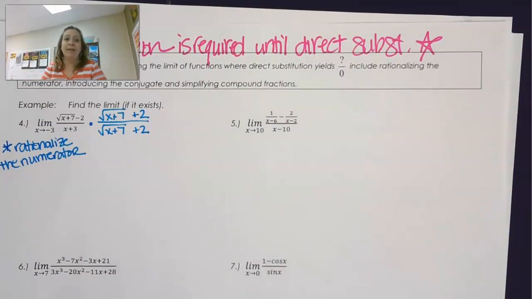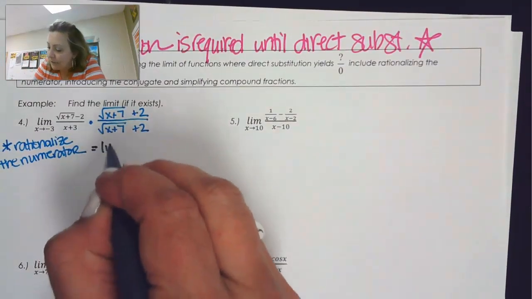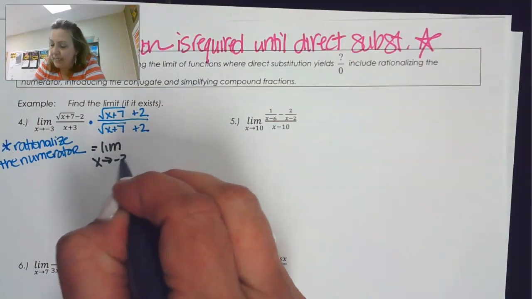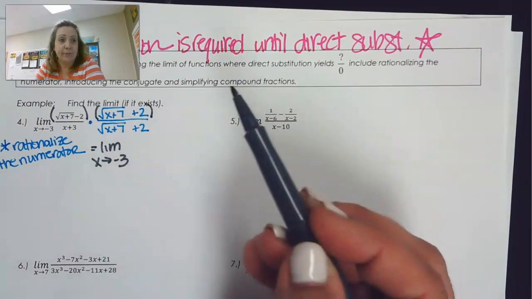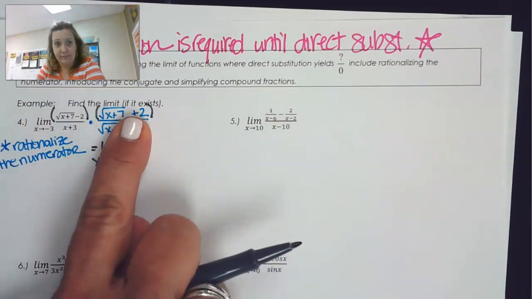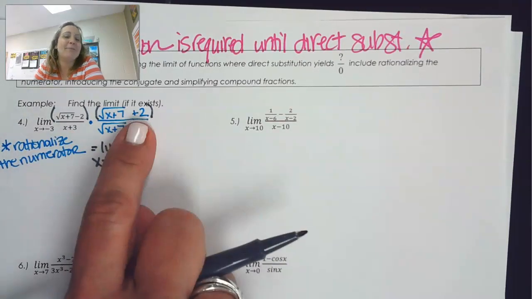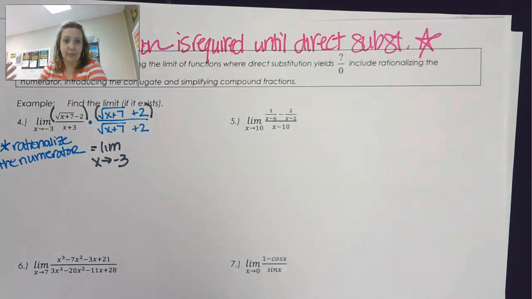Okay, so now let's see what's left. I'm going to keep that limit notation, and let's multiply these values in our numerator. When we have (a minus b) times (a plus b), we know that that's the same as a squared minus b squared.